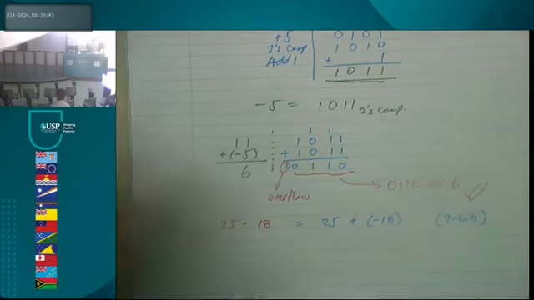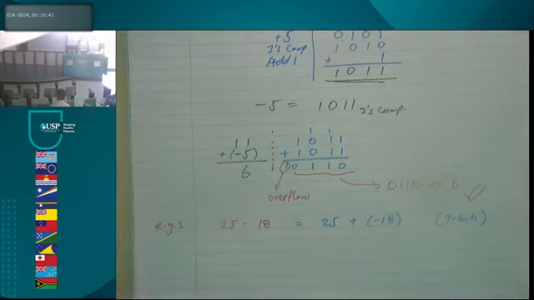Tell me, if I ask you to do it in 4 bits, would it work? What would be the problem if I asked you to attempt this problem in 4 bits?